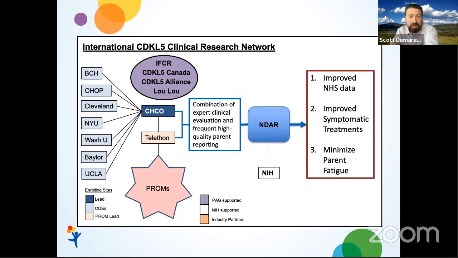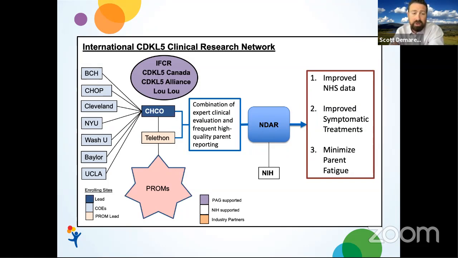This is what the International CDKL5 Clinical Research Network looks like. This is our diagram of it. So we have all the centers of excellence on the left: Boston, CHOP, Cleveland, NYU, WashU, Baylor, and UCLA, as well as us in Colorado, Children's Hospital Colorado. We're the data coordinating center where all the data flows into. And we have the database there that's centralized. There's also data that flows in from ICDD and from our database at Children's Hospital Colorado to the ICDD and Telethon Kids database.